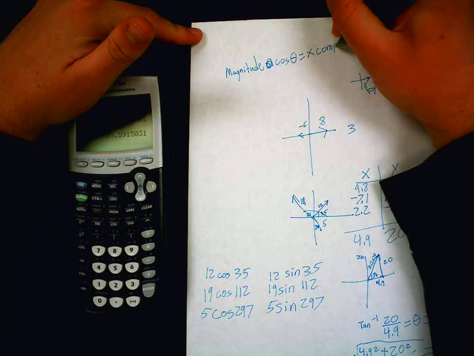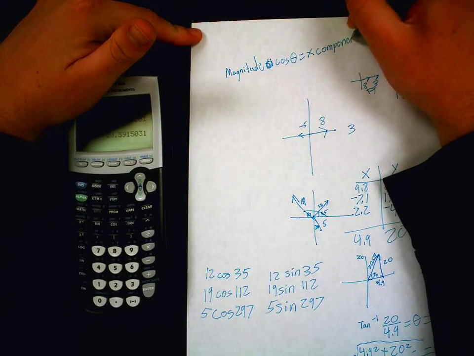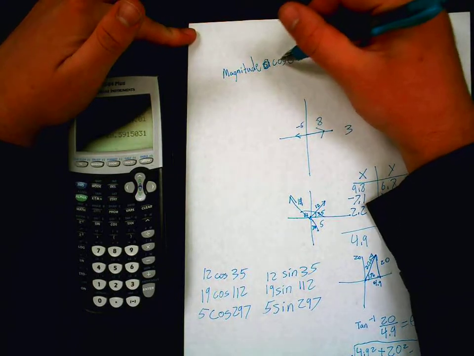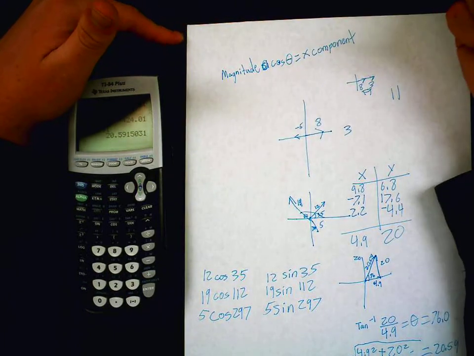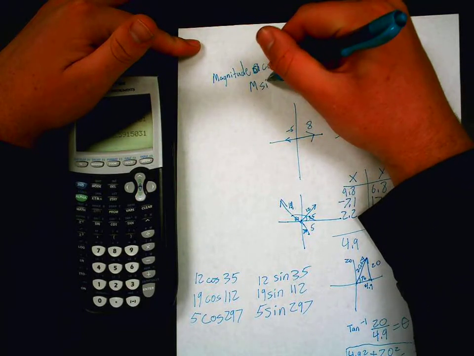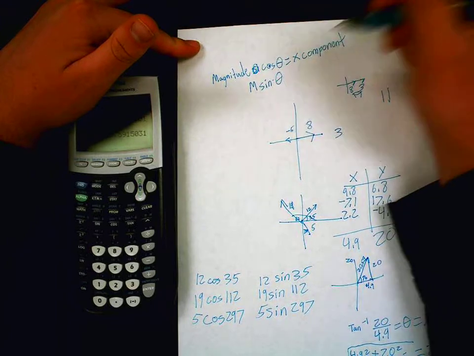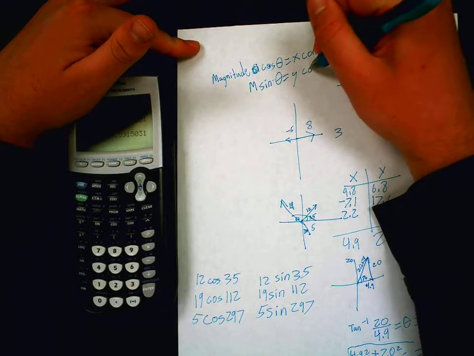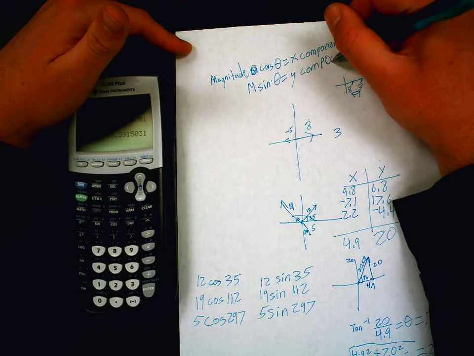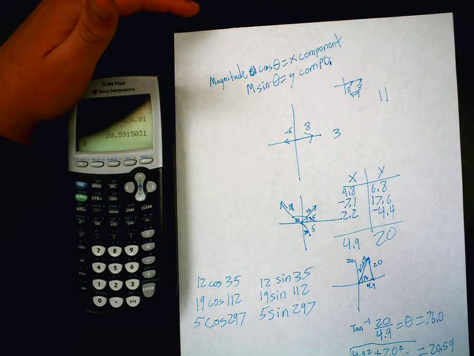Remember that. So let's do y. We switch the cosine with the sine. Remember that. So m sine theta is y component. Yeah, that's how you abbreviate component.